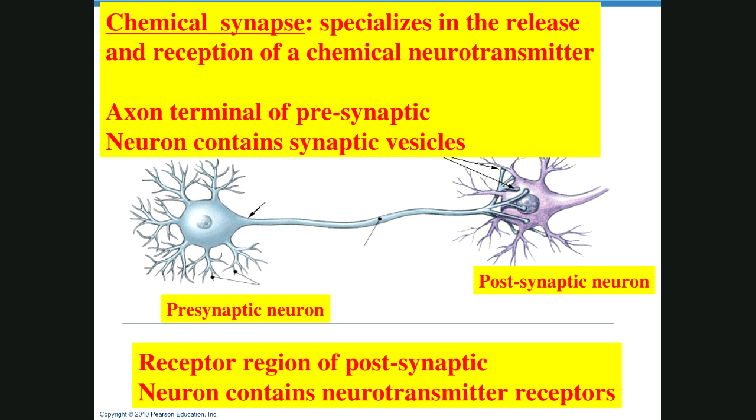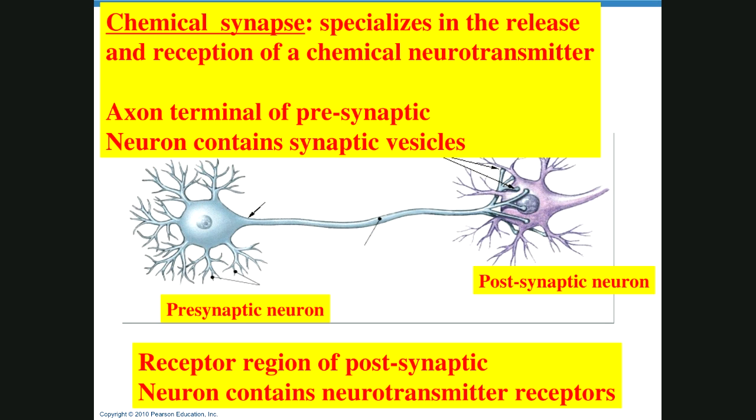So these are chemical synapses, and at the connection, first of all, the two neurons never physically touch, even though in the pictures they look like they're touching. In reality, they're not. And there is a space into which a chemical, a neurotransmitter, is released.